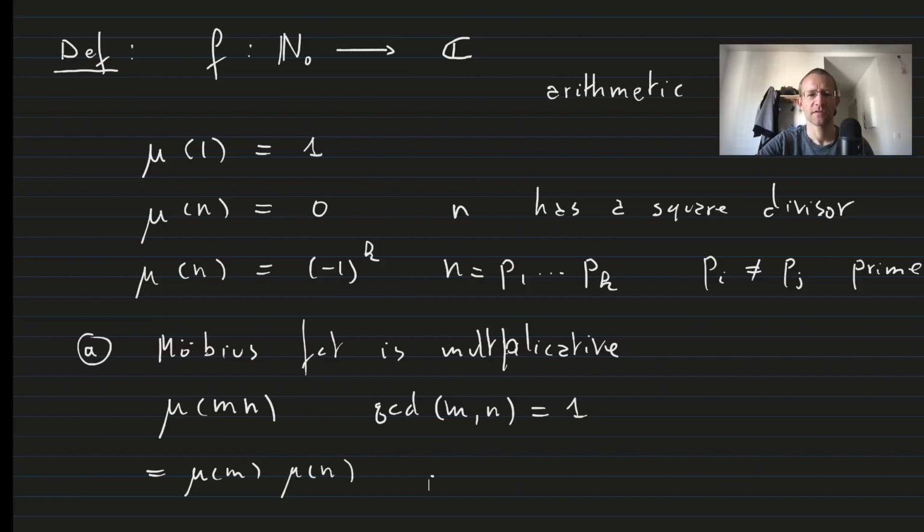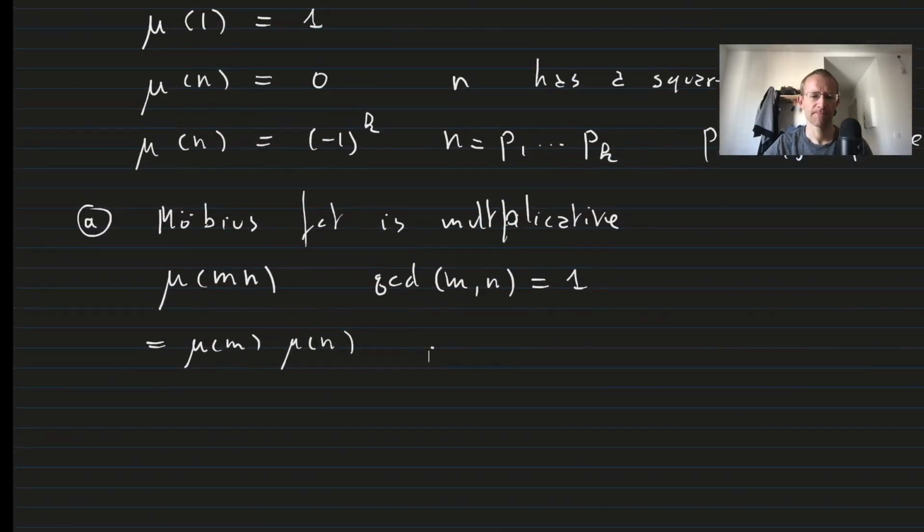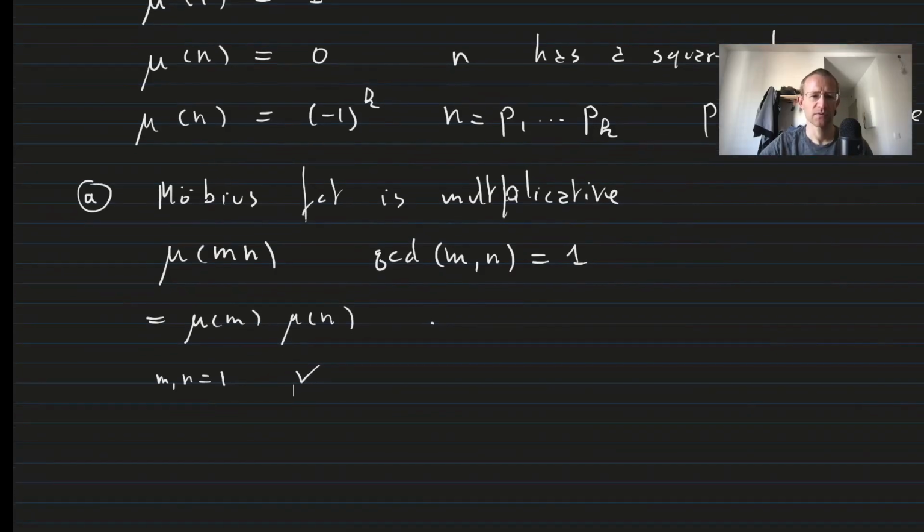Now with this definition of the Möbius function, this is immediate, because if m or n are 1, then this is obviously true.